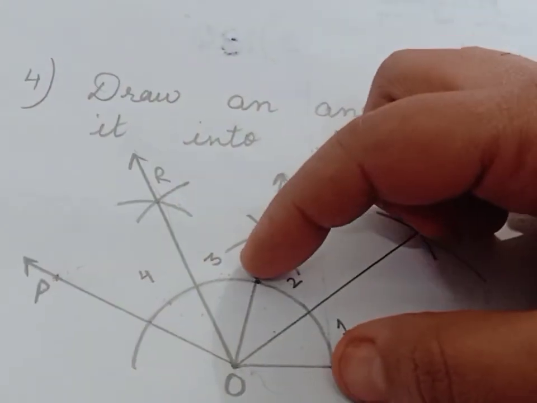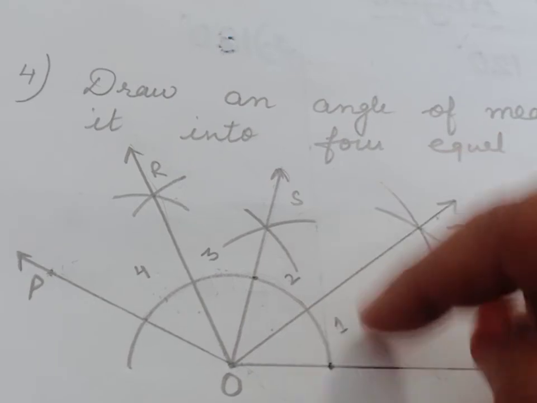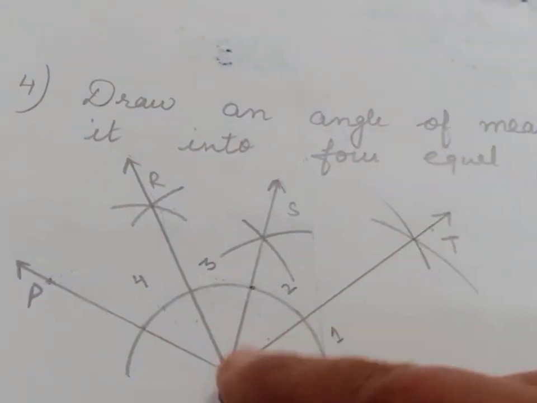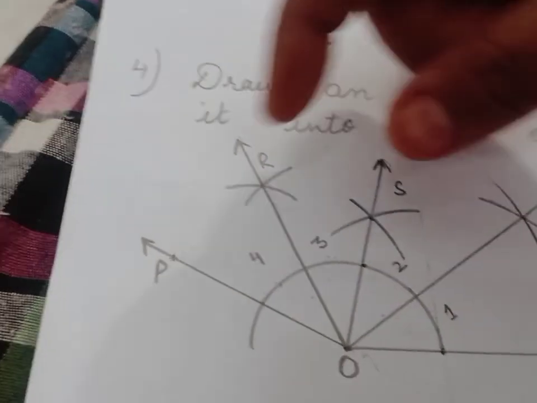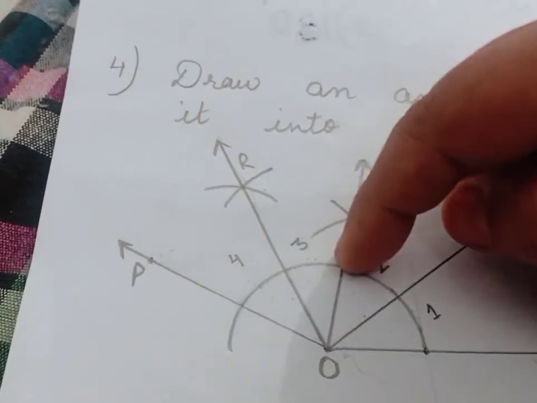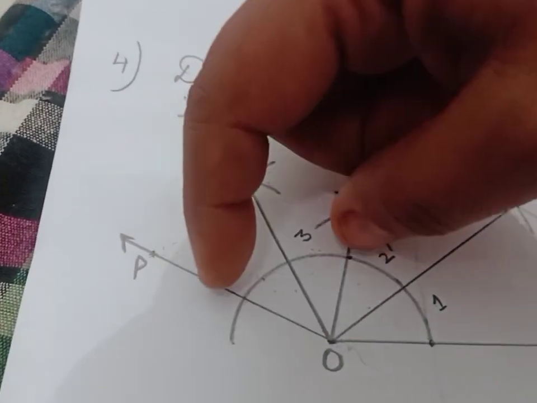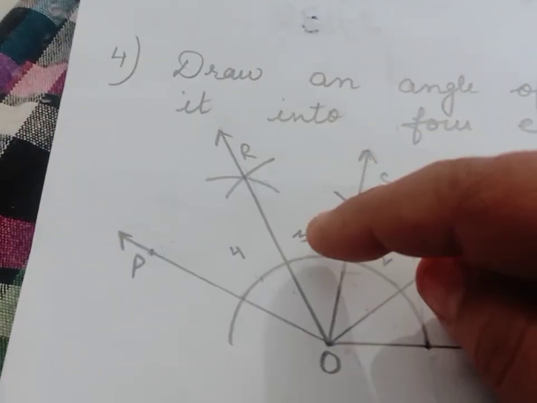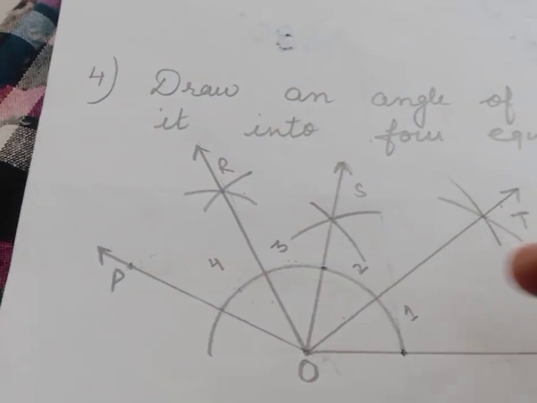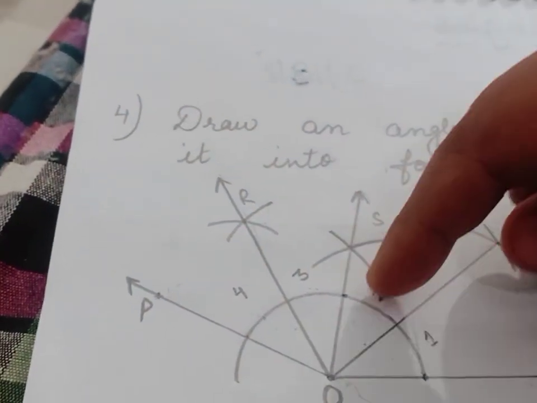In the first half part, again I have divided this angle into 2 equal parts with the help of this angle bisector OT. Then in the next half part, again I have done angle bisection, and OR is the angle bisector of this next half part. So again it is divided into two parts. So by this way my complete angle POQ is divided into four equal parts.